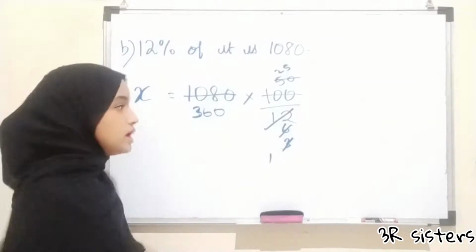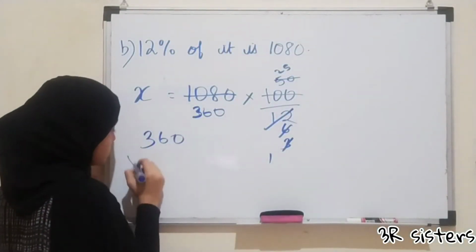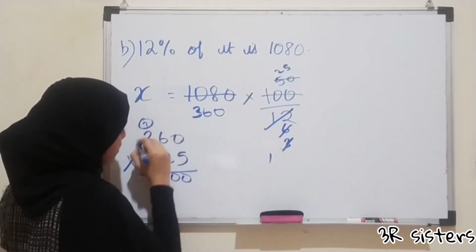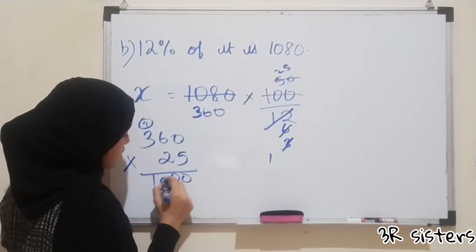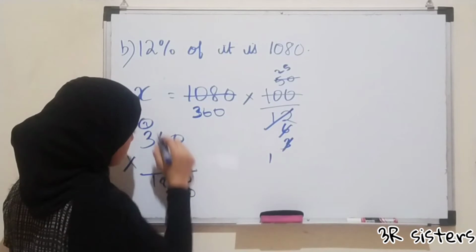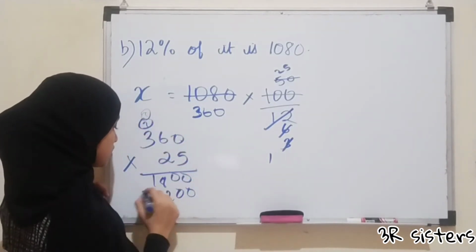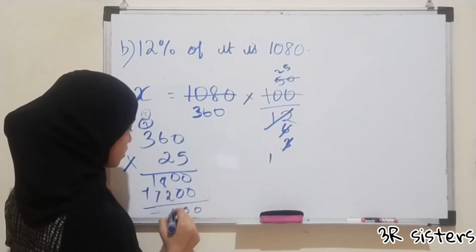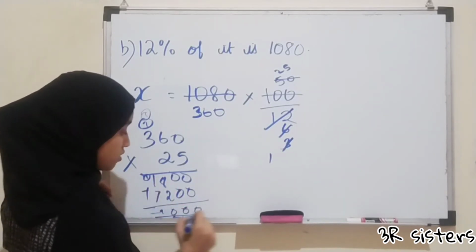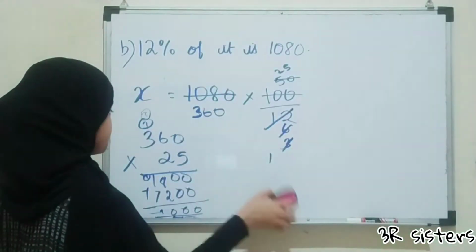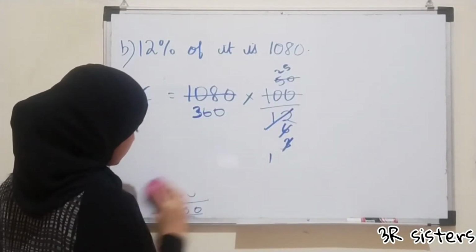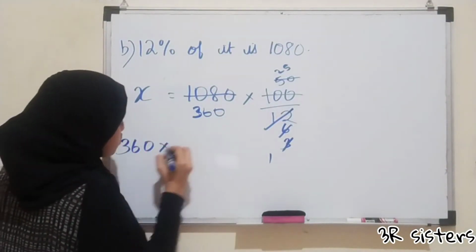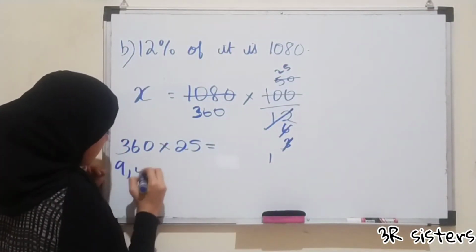Now we have to multiply 360 into 25. So what is the answer we get? 360 into 25 is nothing but 9,000.